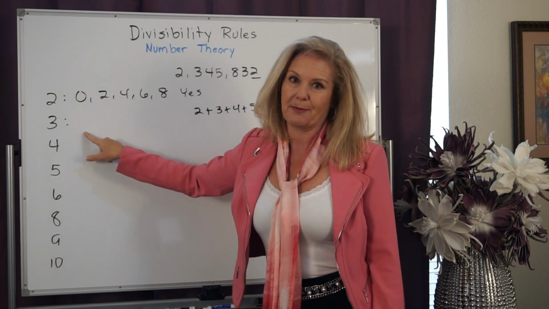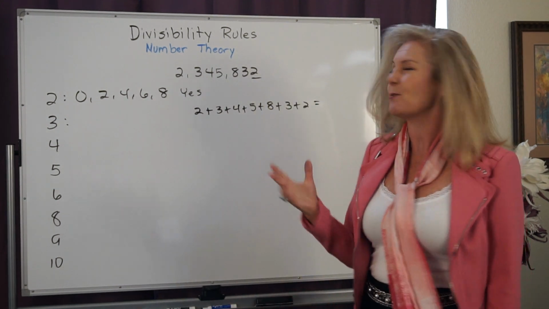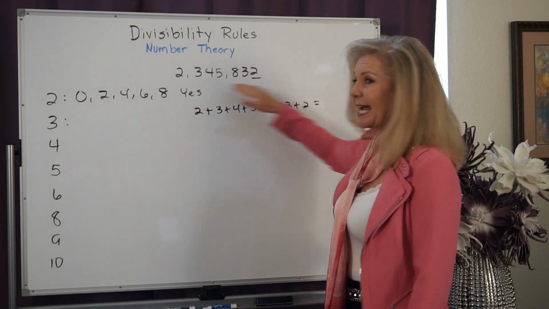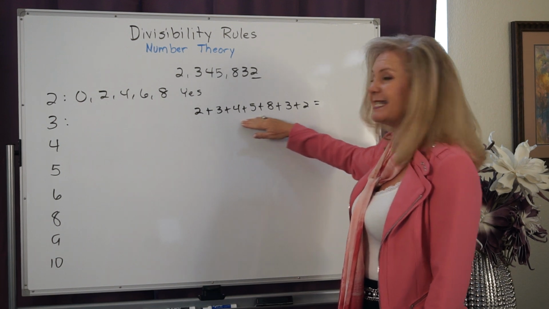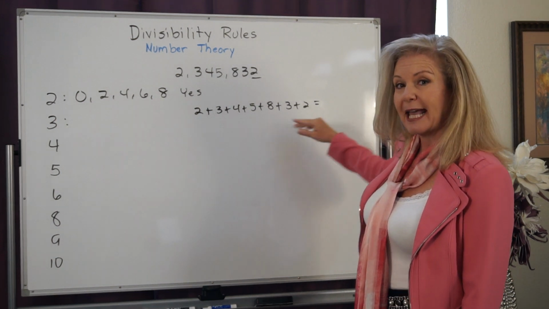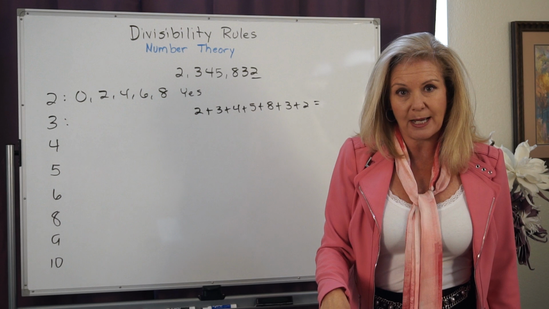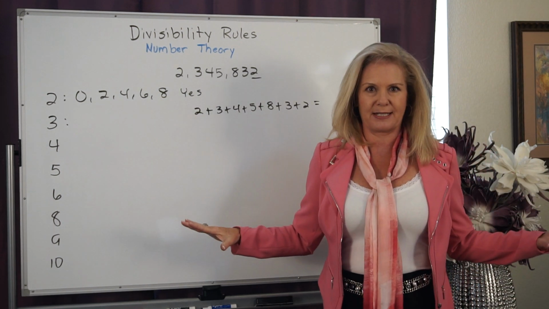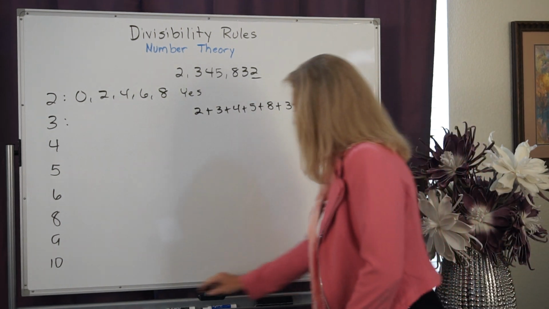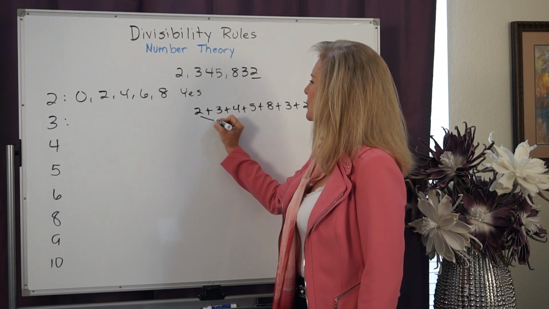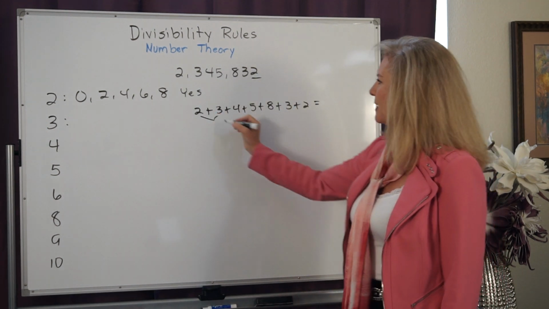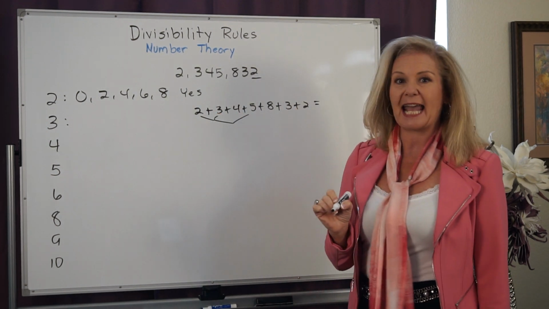Now, 3 is one of my favorite ones because 3 is where you take the entire number and you add the digits of the number together. And if that answer is divisible by 3, the whole number is divisible by 3. So let's go ahead and do that. So we know that 2 plus 3 is 5. 5 plus 5 is 10.